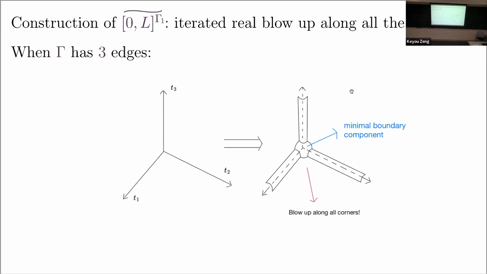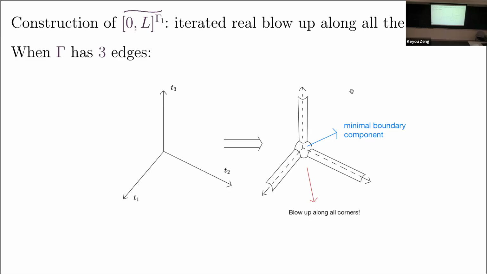So let me describe the construction of the compactification space. So let's look at this case. Our graph has exactly 3 edges. In this case, the space of Schwinger parameters is just given by this.